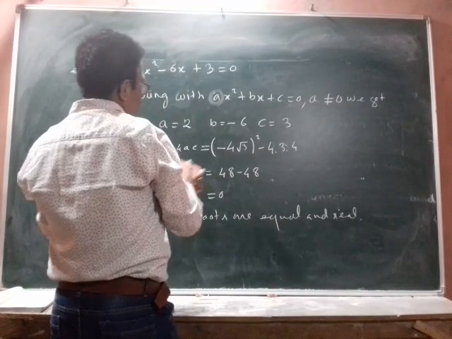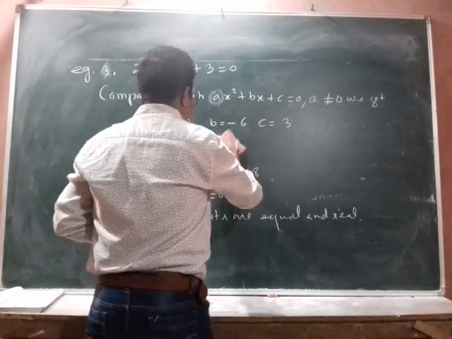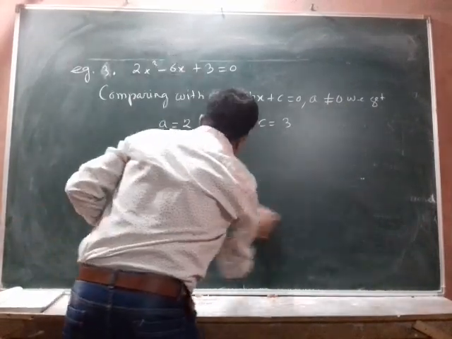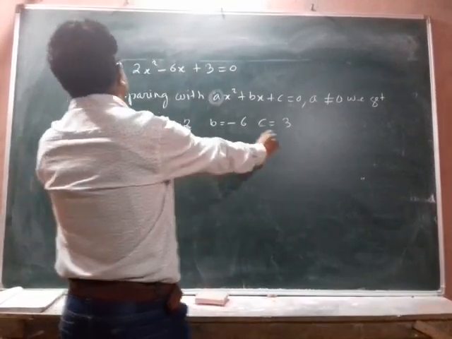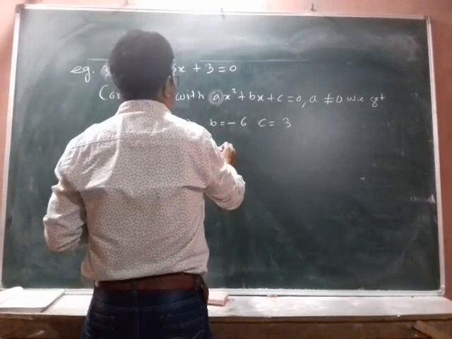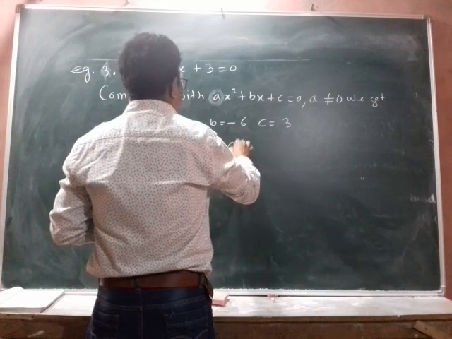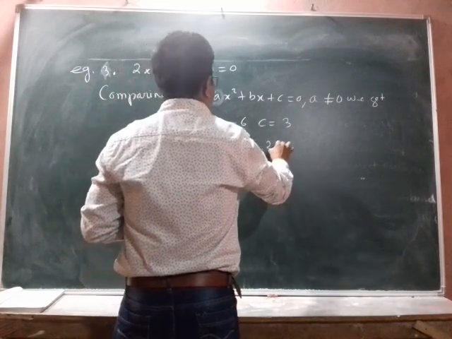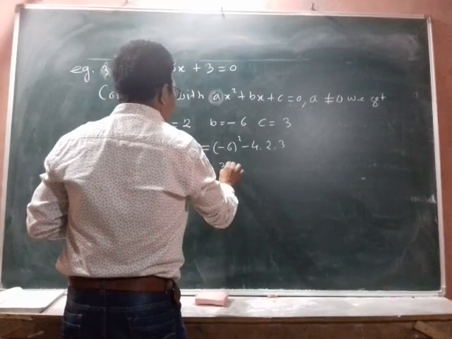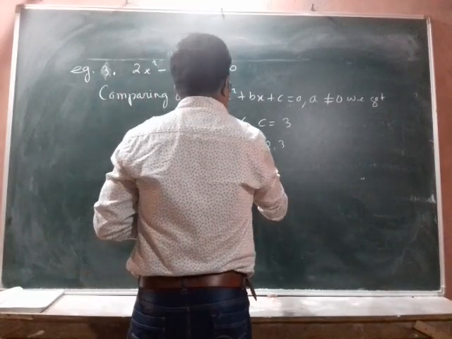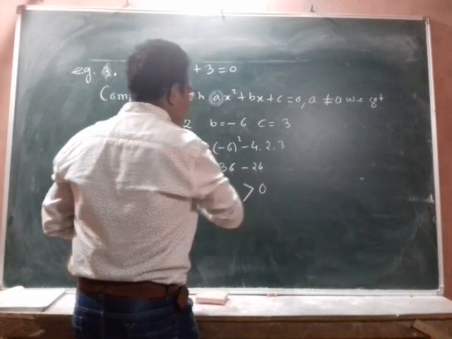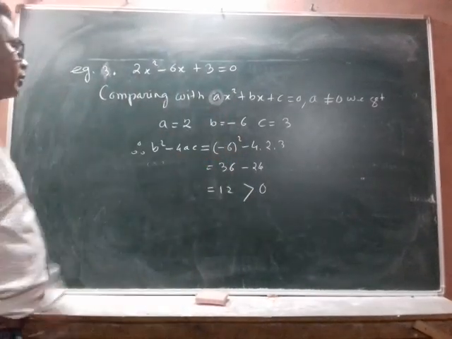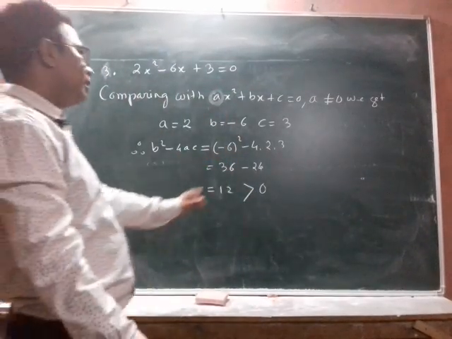Again we are going to calculate b square minus 4ac. Here b square is minus 6 whole square, which is 36, minus 4 times ac, that is 4 2s are 8, 8 3s are 24.